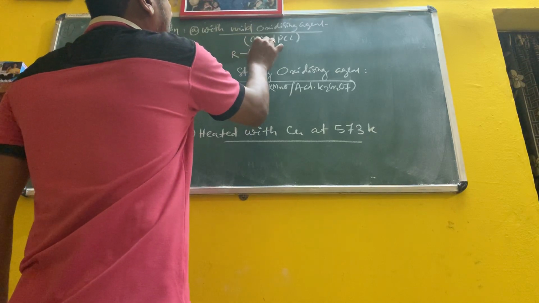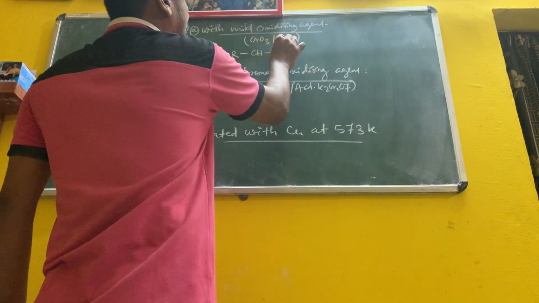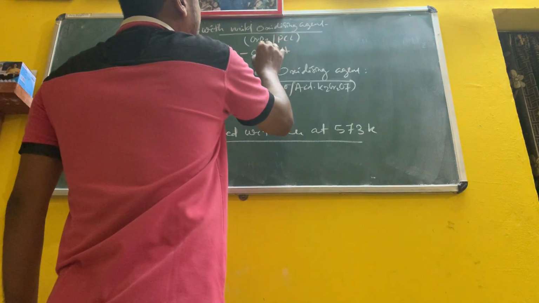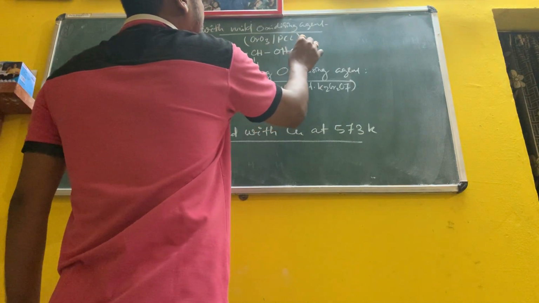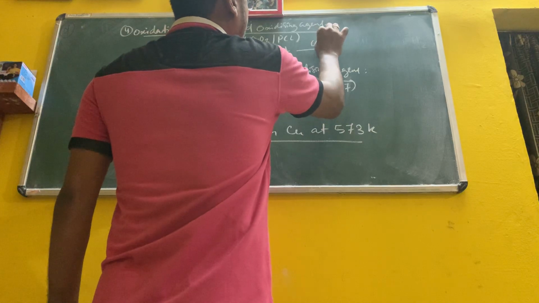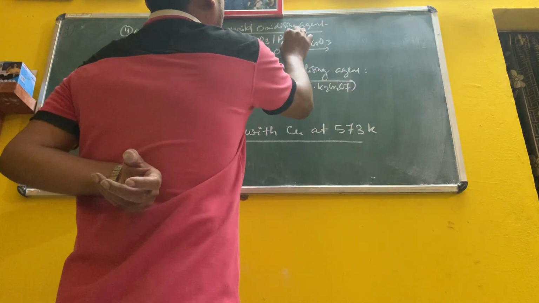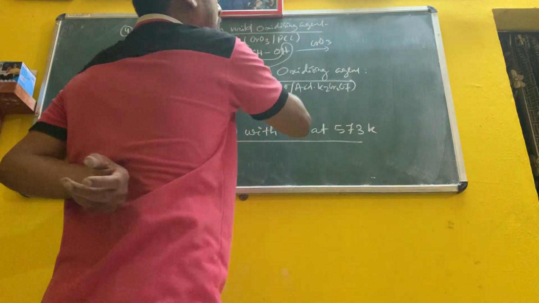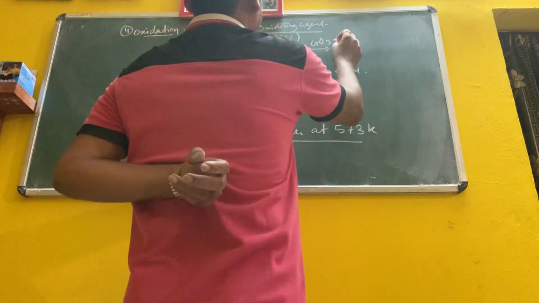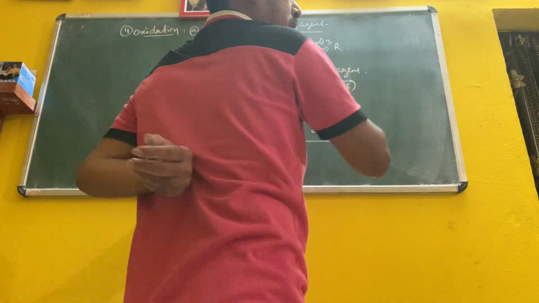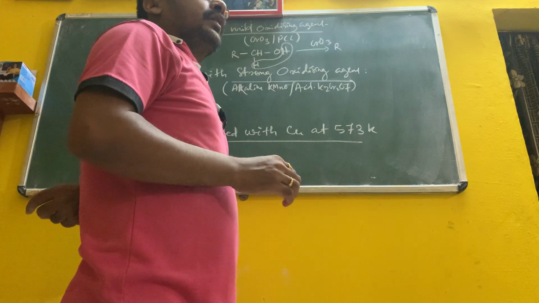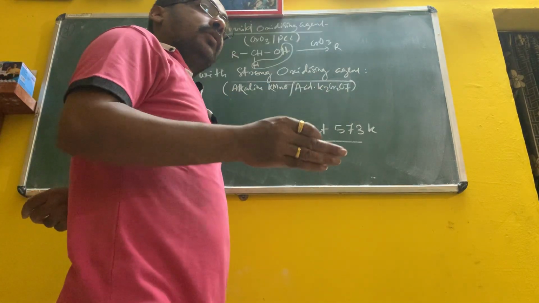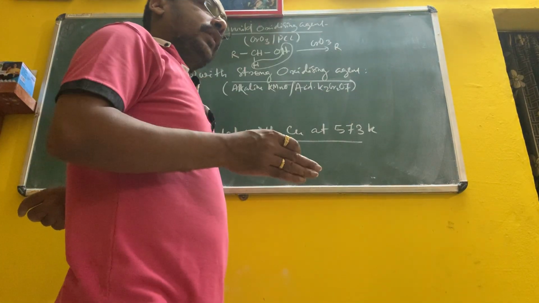Suppose R-CH-OH, you can write here H. In presence of CrO3, removal of H2, dehydrogenation. Dehydrogenation means removal of hydrogen. Hydrogenation means addition of hydrogen.